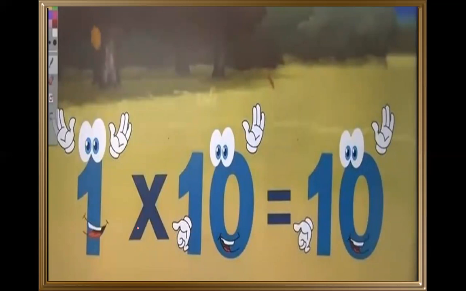So 1 multiplied by 10 gives the number 10. 1 and 10 are the numbers which, after multiplying, give us 10. So 1 and 10 are the friends of 10. 1 and 10 are the factors of 10.